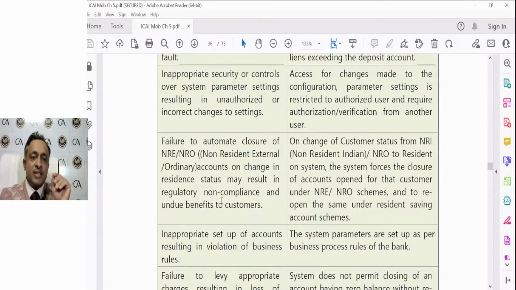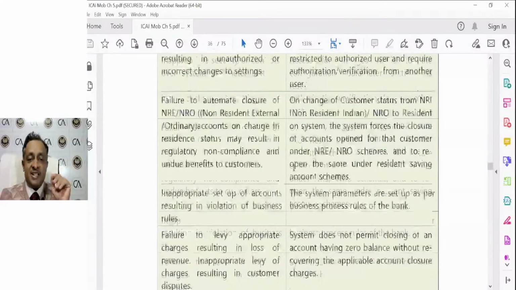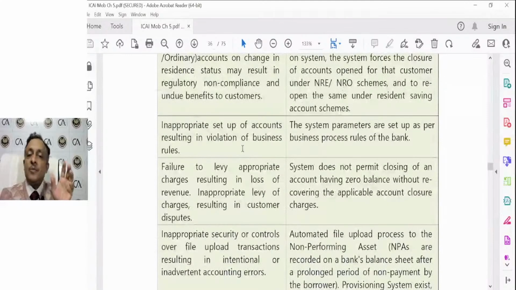Then NRE, NRO, non-resident external and ordinary accounts. If their status changes, then valid documents, KYC, have to be there to document the status change. Then inappropriate setup of account resulting in violation of business rule.